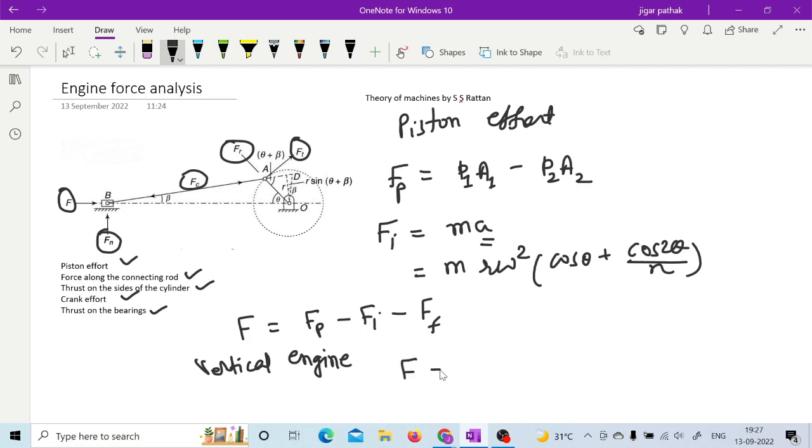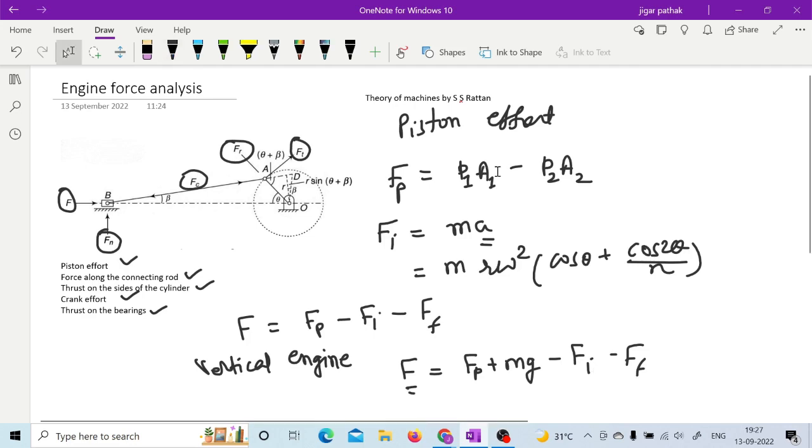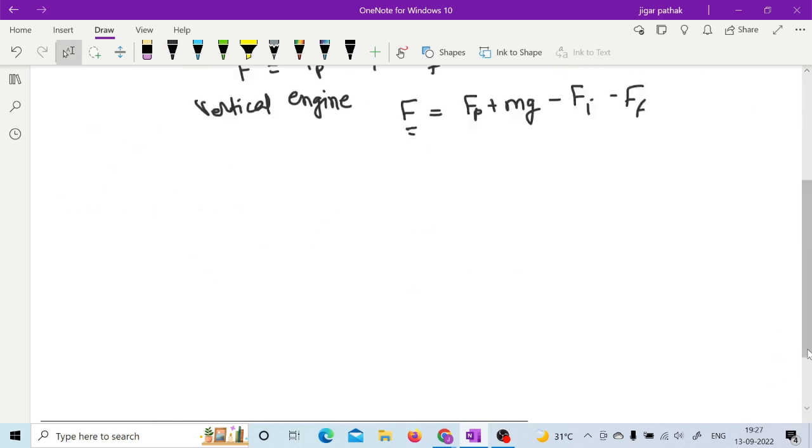So in that case, this Fp will be supported by this weight force of the piston mg, and again this inertia force and frictional force will be opposite to these forces. So this is how you will come up with the piston effort finally with these particular forces, right? Now once you are done with this piston effort, then you can think of this force along the connecting rod.